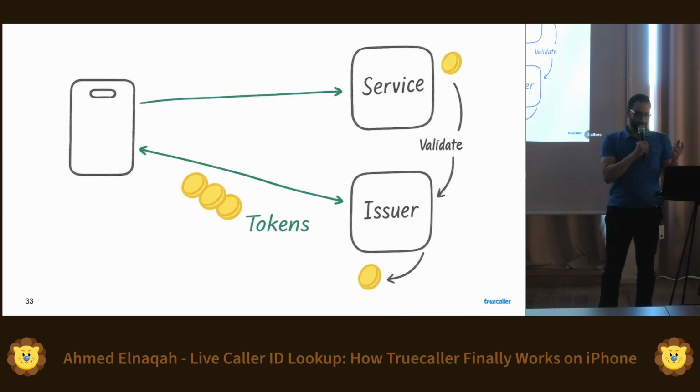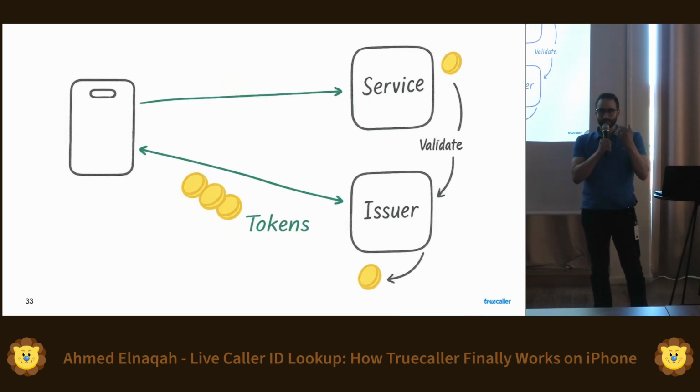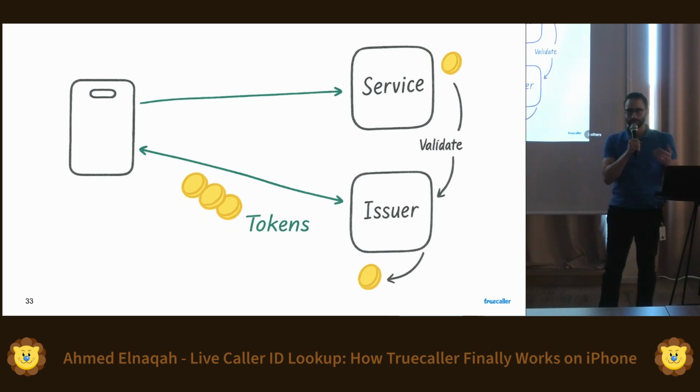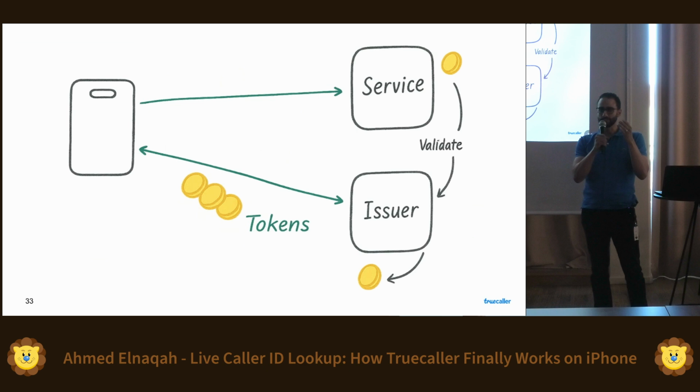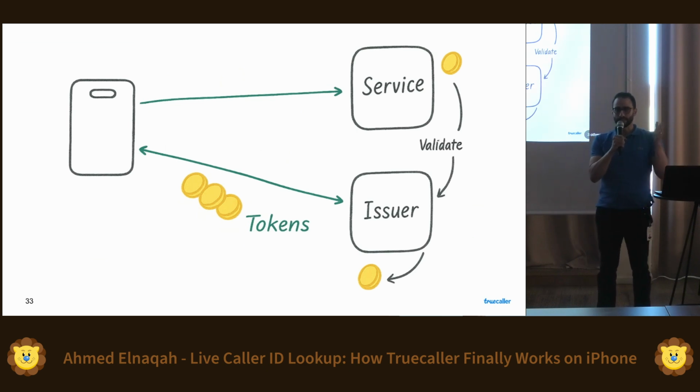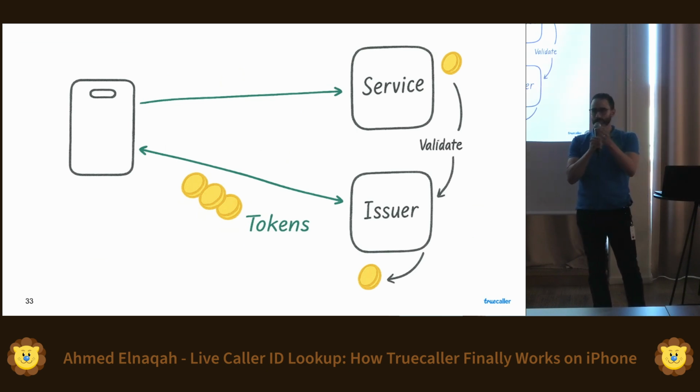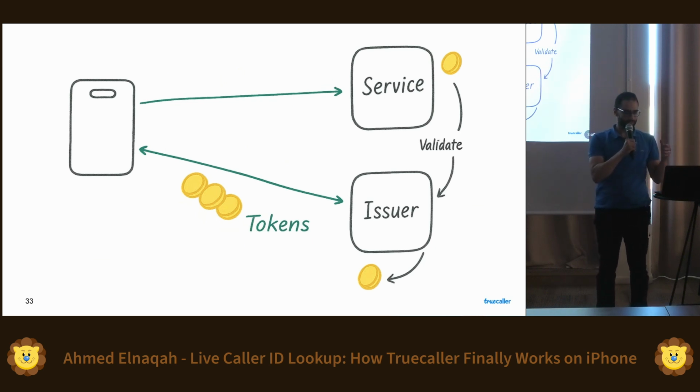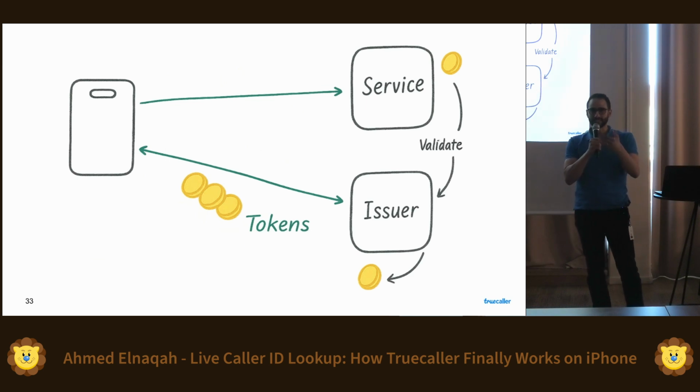Once we get a token, we validate it with the issuer to make sure that it's a token generated by the Truecaller issuer. But all the tokens are anonymized on the device, so we can't differentiate between tokens. We can't know which user got which token. We can't associate the token with the user. Those tokens are all the same for us; we can only verify that a token was generated by our issuer.